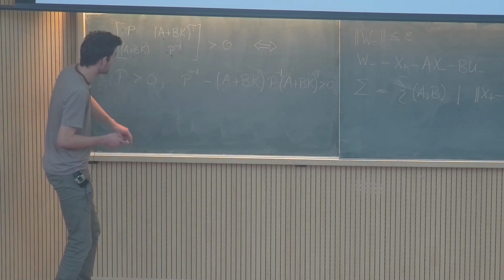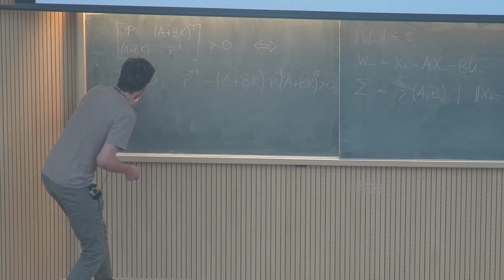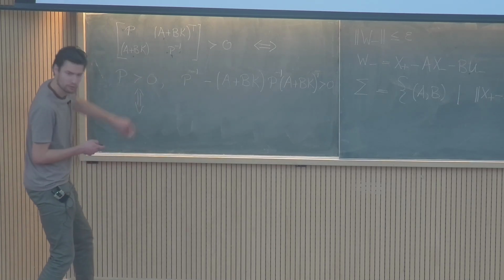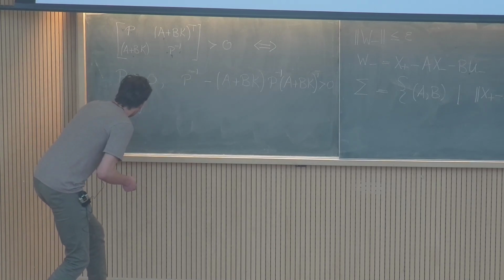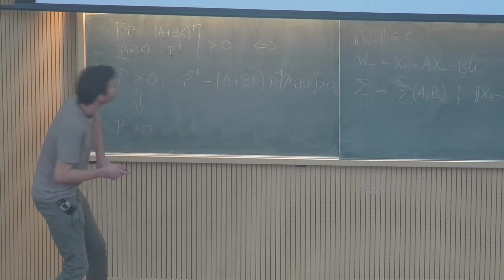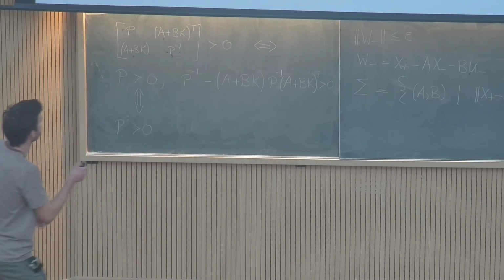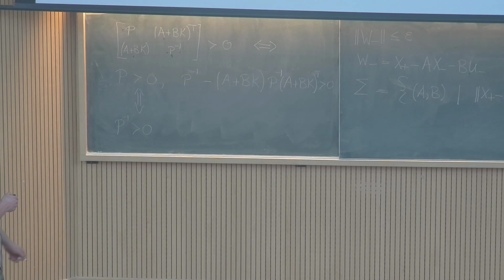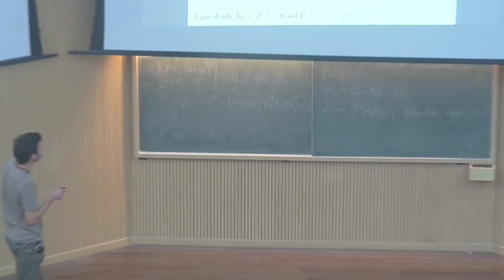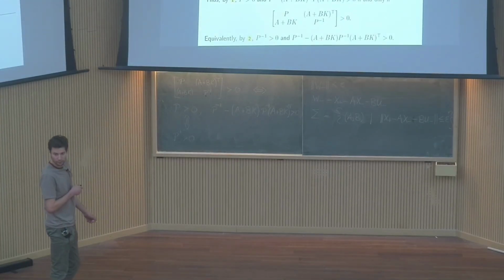Well, we already know that P is positive definite if and only if P inverse is positive definite. So indeed, my conclusion is then that this whole big matrix is positive definite if and only if P inverse is positive definite and P inverse minus A plus BK, P inverse, A plus BK transpose is also positive definite.